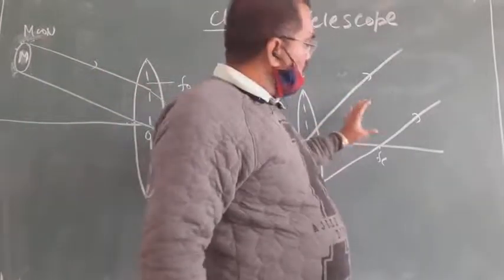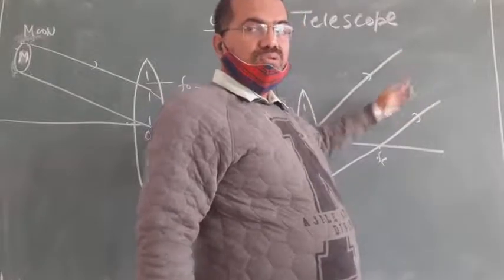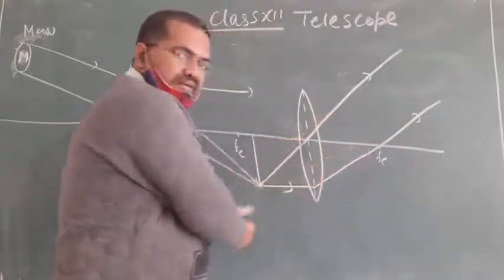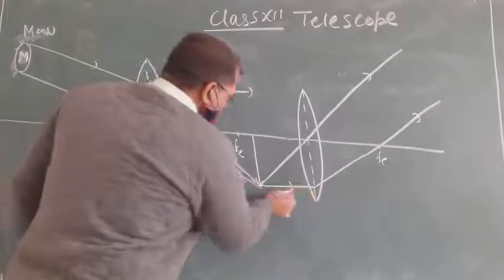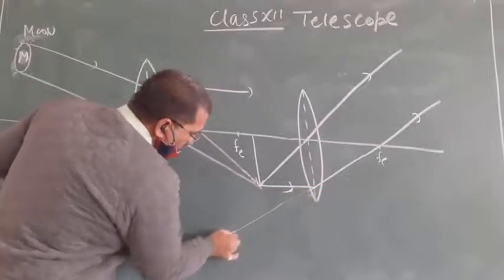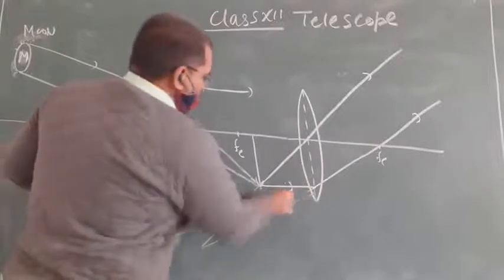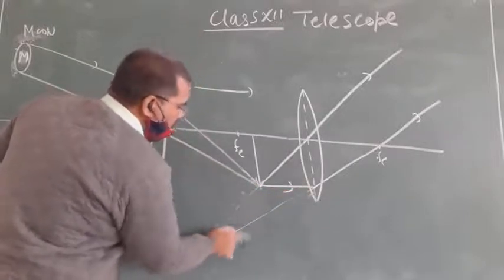If we proceed the rays in the forward direction, they never meet. So we trace the rays in the backward direction for the image, with a dotted line.